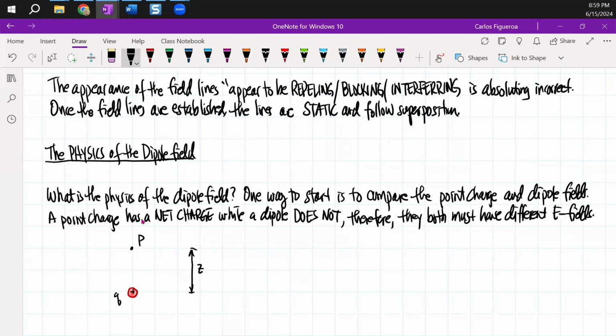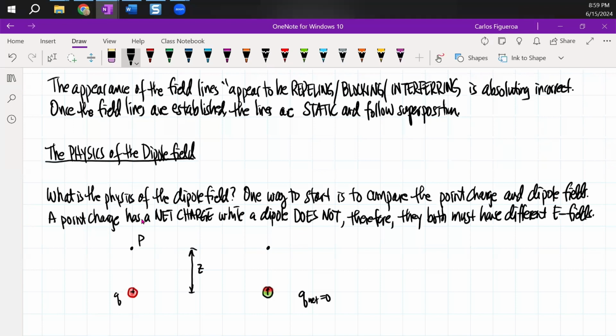Now, what happens if I have a physical dipole? What I'm seeing is something like this, where I have a dipole moment that's going like that. But a dipole has a net charge of 0.